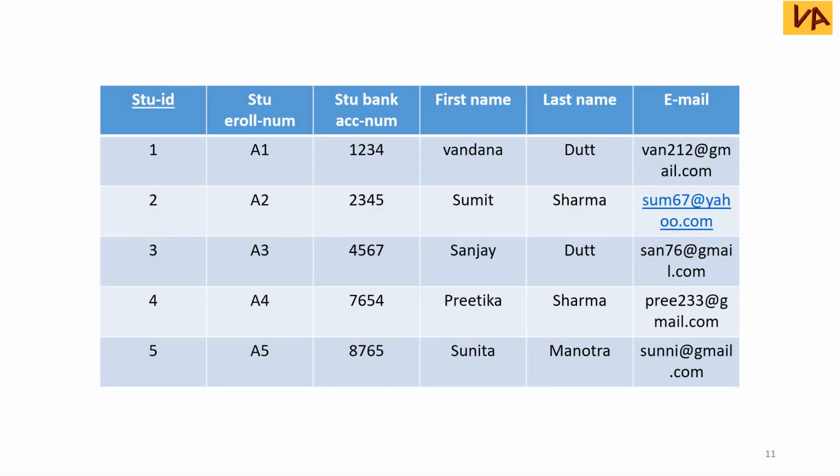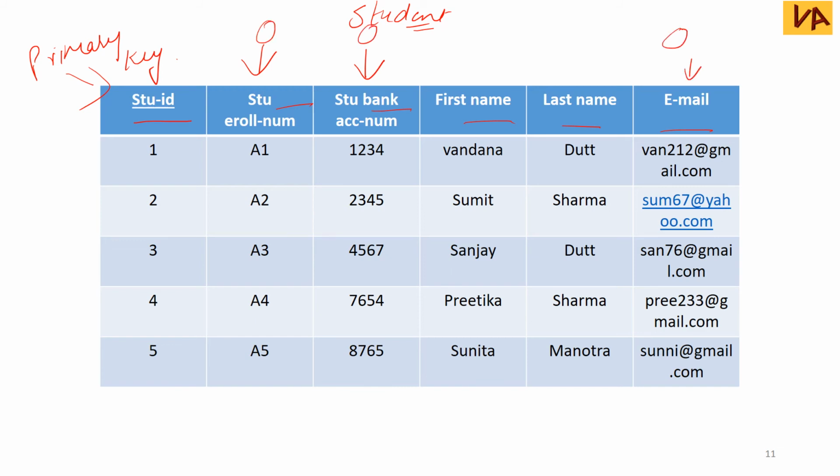Let's take an example again. The table name is student, right? We have the columns student ID, student roll number, student bank account number, first name, last name and email. Now if we make student ID our primary key attribute, the leftover student enrollment number, student bank account number and email ID, all these three columns can also identify the record of the table uniquely, because each has a different value.